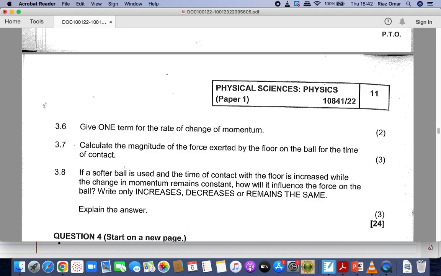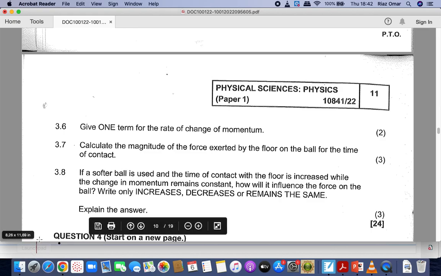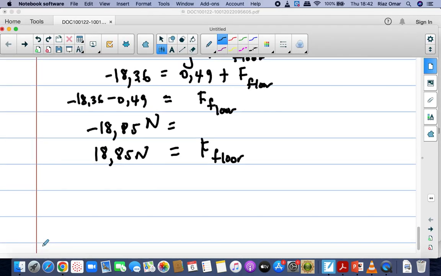To explain it, we should try and relate it to the equation that we are using. Let's just write this down: 3.7, we've got our answer. 3.8, the answer is decrease. When they ask you to explain, you must always use an equation to explain it.